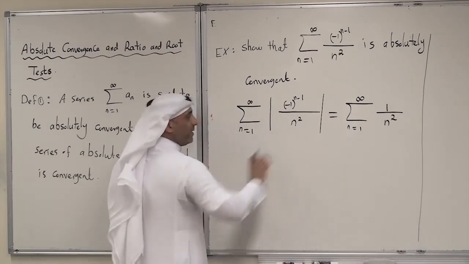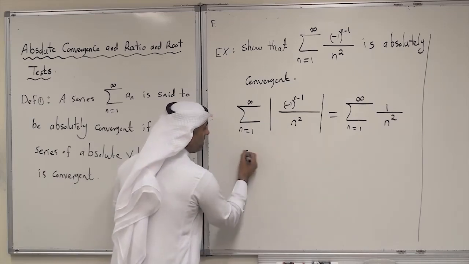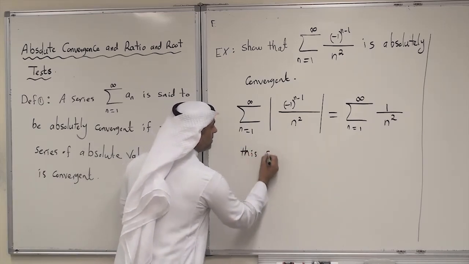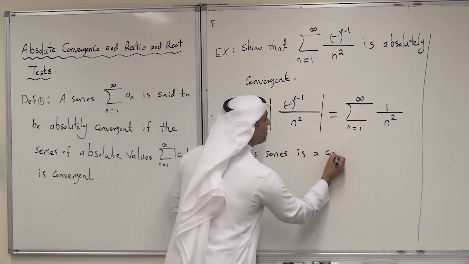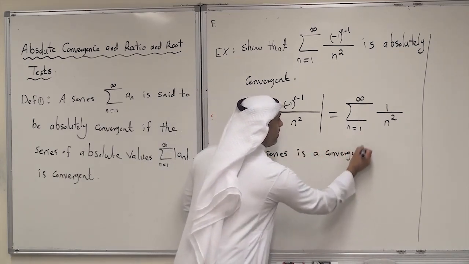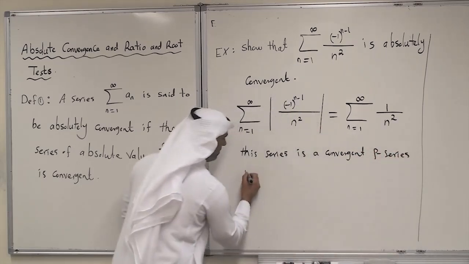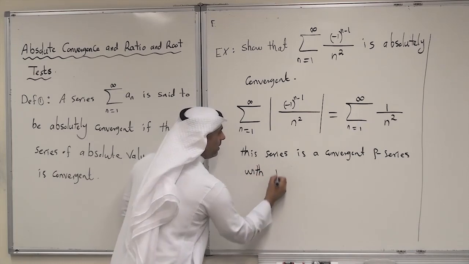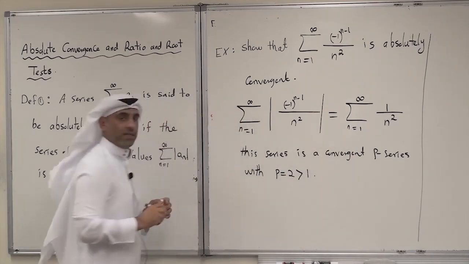Let us write this summary here. This new series is a convergent p-series. It is a p-series with p equal to 2, which is greater than 1. So it is a convergent p-series.